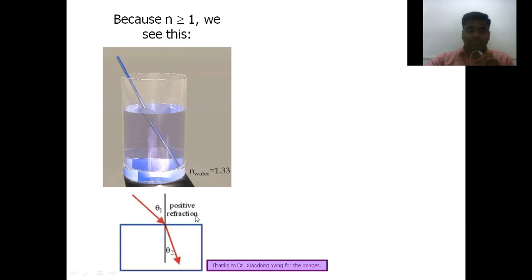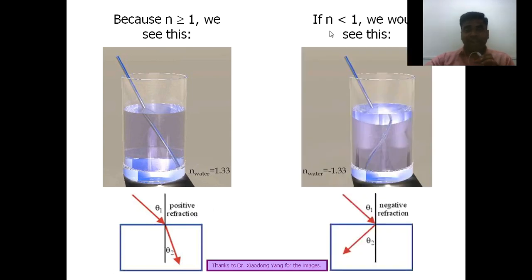But if the refractive index is less than 1, then negative refraction will occur. There the incident wave is perpendicular to the refracted wave. That's the condition when the refractive index is less than 1.